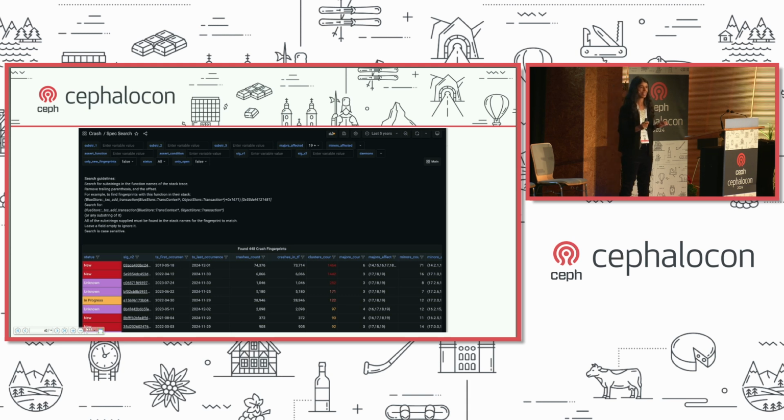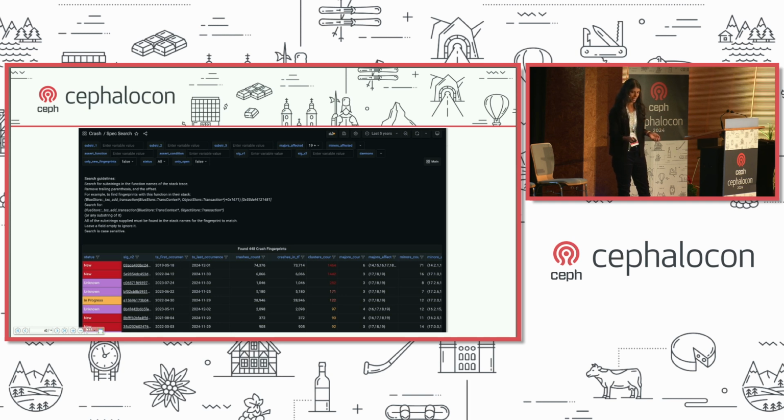Now, I'll just say that not every crash is a Ceph bug. It's important to note that. Sometimes it could be an issue with hardware or compatibility with other tools. So it's not necessarily a Ceph bug, but we get more observability into that as well.